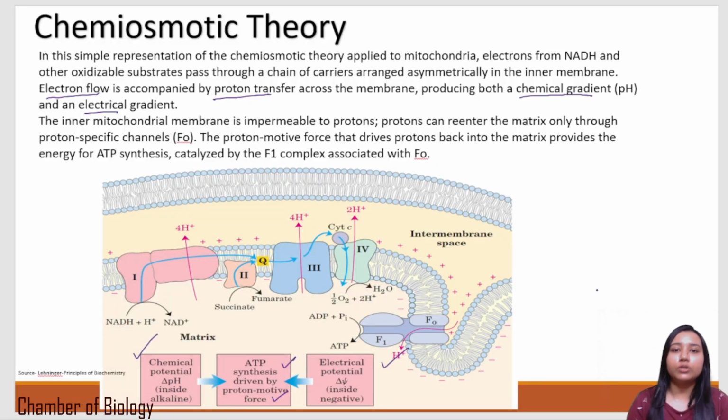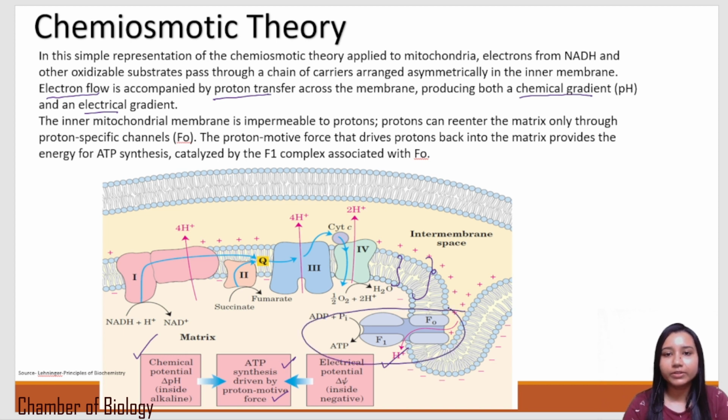So why will the protons come? As I was telling, this portion is the intermembrane space, and the inner mitochondrial membrane is going to be impermeable to our protons. They cannot come, so they are going to take the help of our complex 5 for this, right? Now they take the help of complex 5 to re-enter the matrix, and this is possible because of the proton motive force that drives the protons back into the matrix, and this is why there is production of ATP, because it provides the energy.